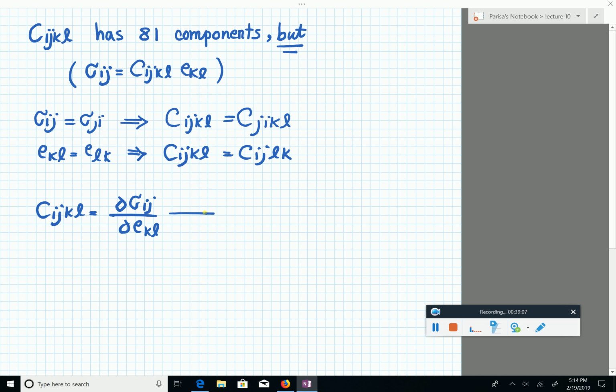Now, if I use the fact that we don't have any path dependence and we have this strain energy function U, I just put in the equation that I gave a star before. You can write this as the second derivative, right?